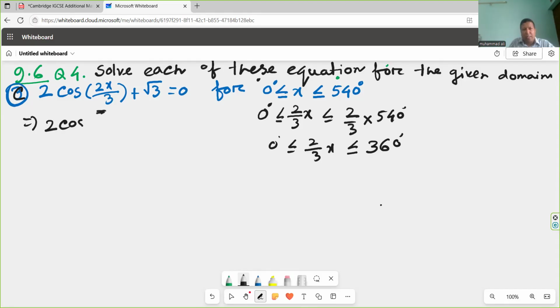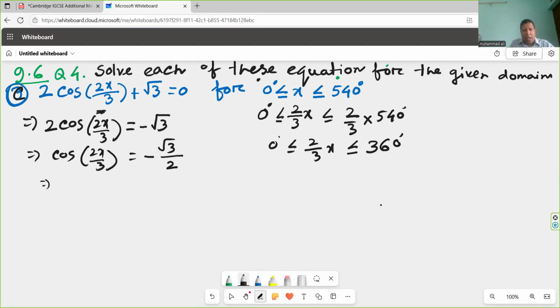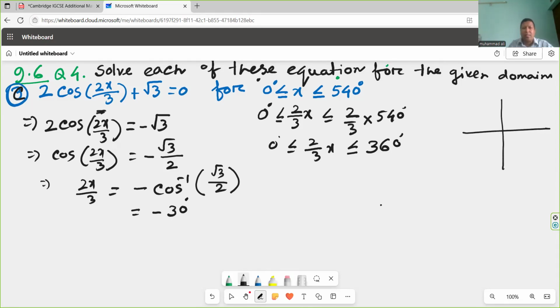Now we try to solve this. 2 cos 2x by 3 equals minus root 3. Cos 2x by 3 equals minus root 3 by 2, and 2x by 3 equals minus cos inverse root 3 by 2. So it will come here minus 30 degrees. Now we will check where cos is negative.